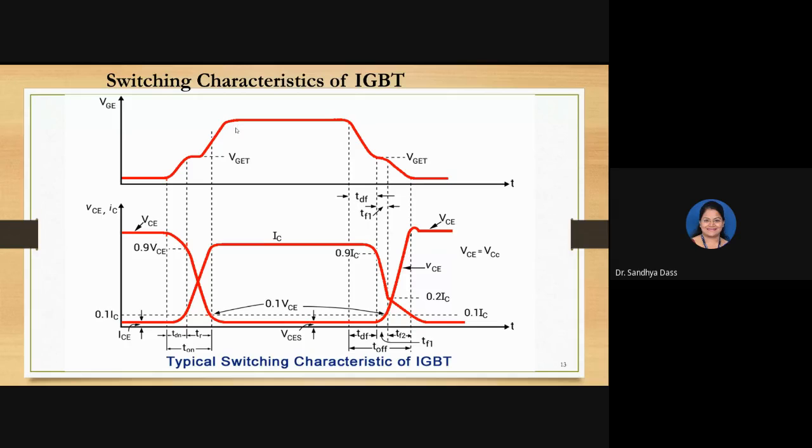That is what we mentioned during our explanation, right? So when the voltage across gate and emitter exceeds the threshold voltage with sufficient gate voltage, the device will turn on.